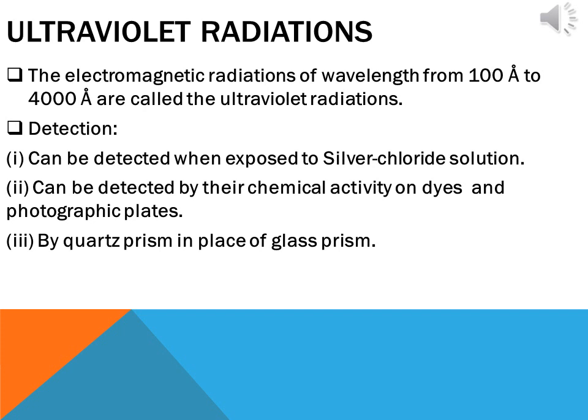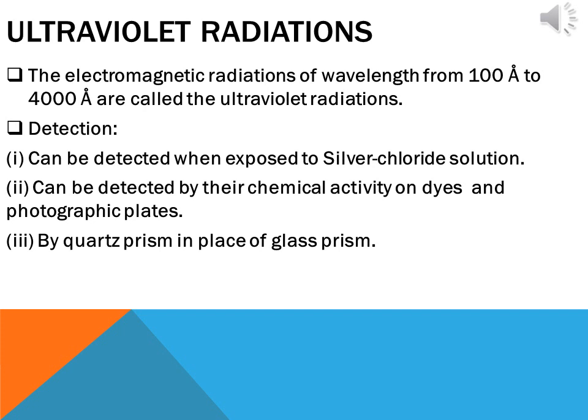So, how to detect these radiations? If silver chloride solution is exposed to the electromagnetic waves starting from the red to the violet end and then beyond it, it is observed that from the red to the violet end, the solution remains almost unaffected.